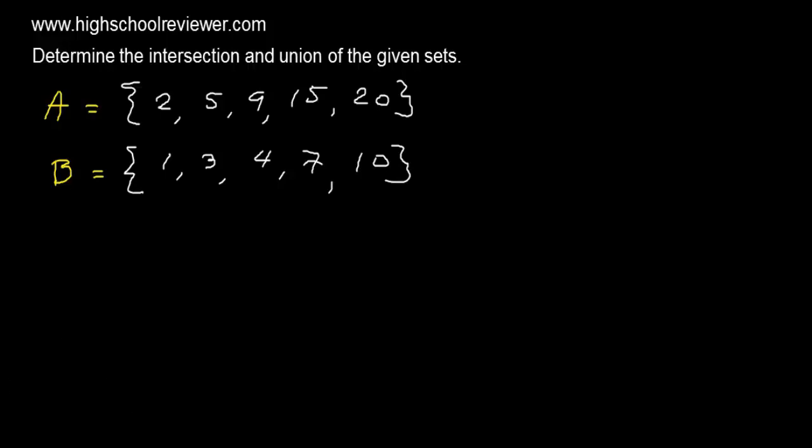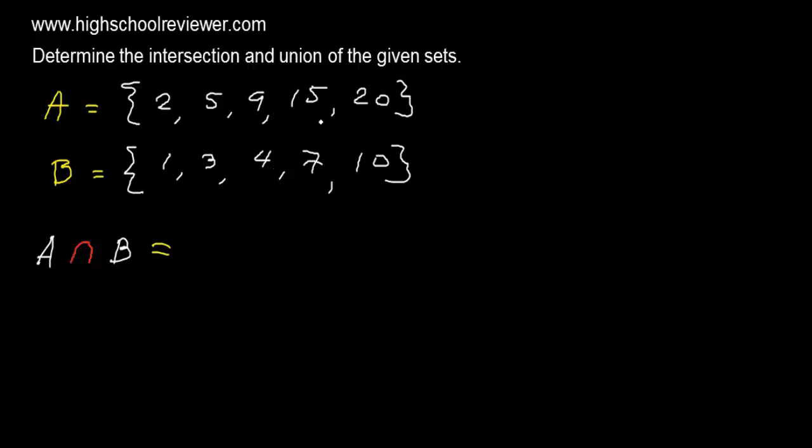For the intersection of the sets A and B, these are elements that can be found in both A and B. Okay, let's check. 1 can only be found in B, 2 can only be found in A, and then 5.